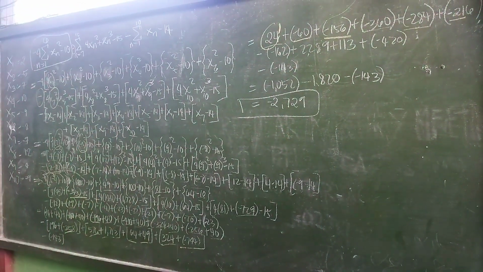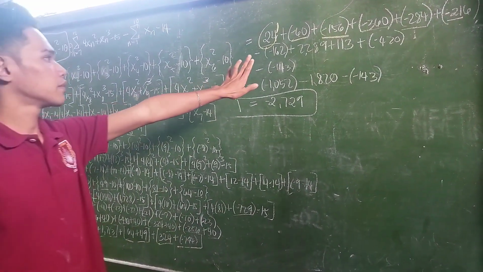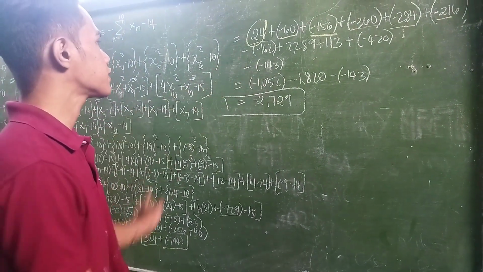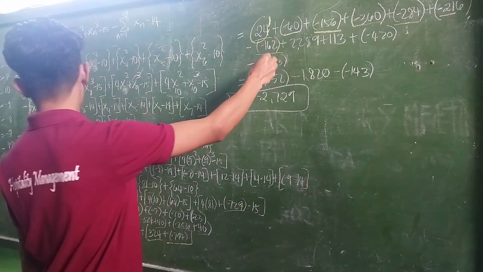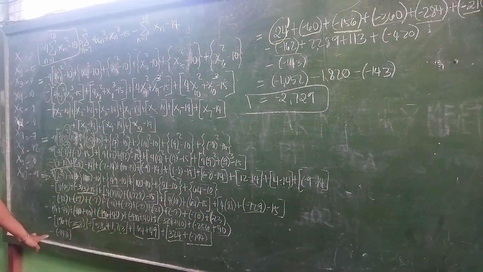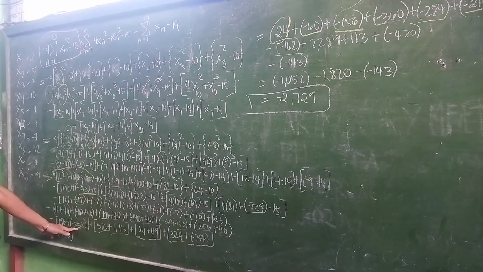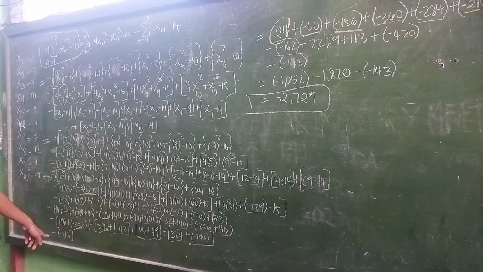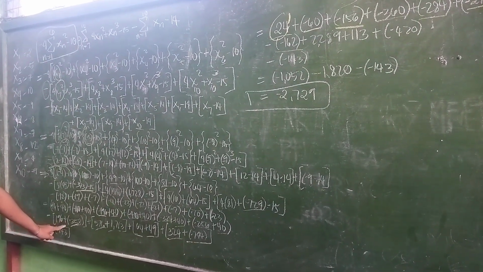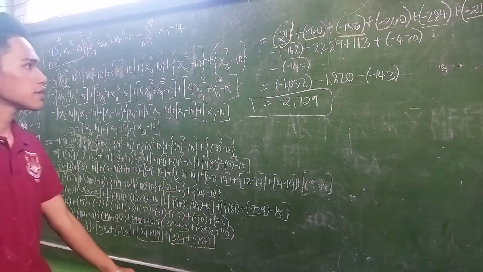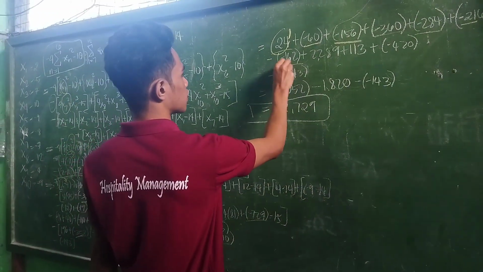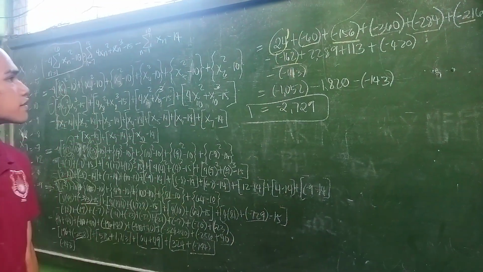So now, here we got negative 162 by simply adding these two numbers again. Positive 196 plus negative 358 is equal to negative 162.